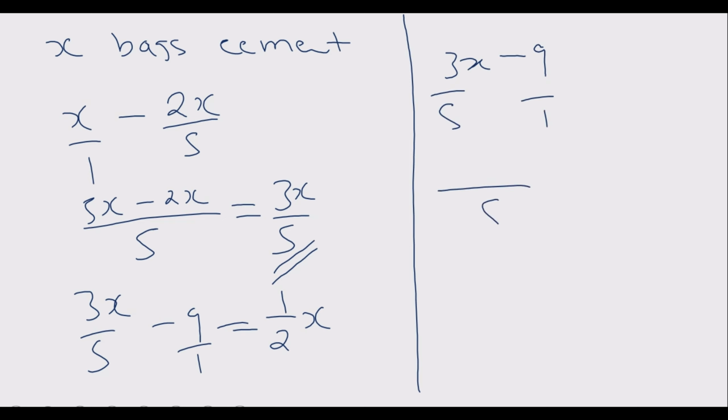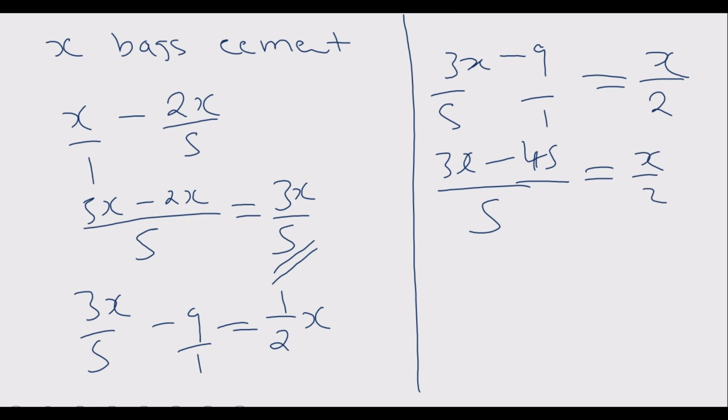The common denominator is 5 here, equal to x over 2. So 5 into 5 is 1 times 3x is 3x. Minus 1 into 5 is 5, 5 times 9 is 45. 3x minus 45 is equal to basically x over 2.